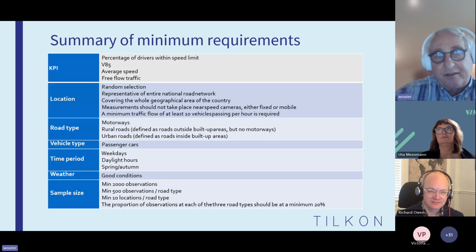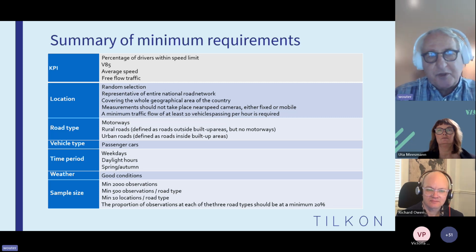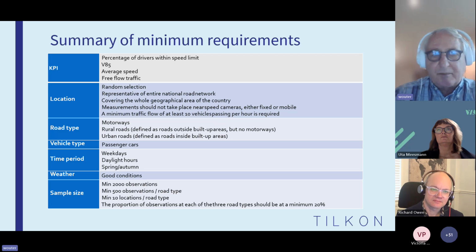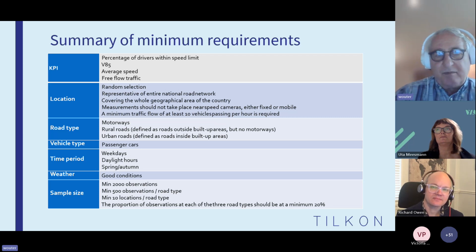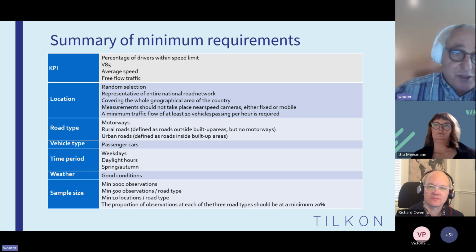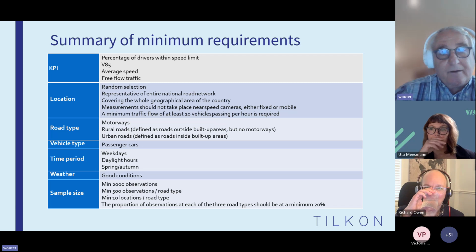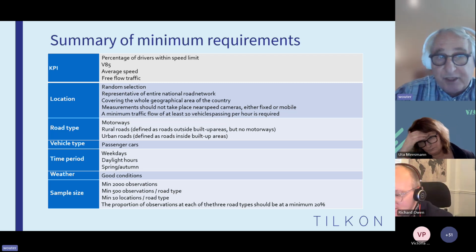And then there are, and this actually differs for every KPI, like minimum requirements in terms of definition, the type of location, the road types which have to be covered, the vehicle types which are at minimum required. And here you see, for instance, passenger cars are a minimum, but member states can also take trucks or buses or even motorcyclists to add on, but that's not a minimum requirement. But for instance, what is a minimum requirement?